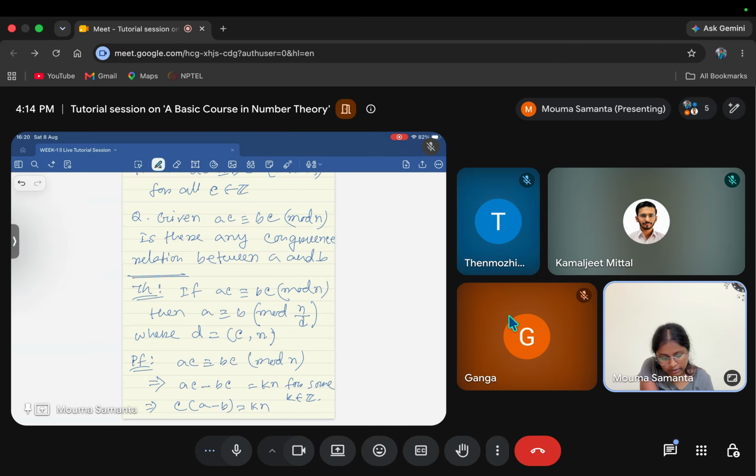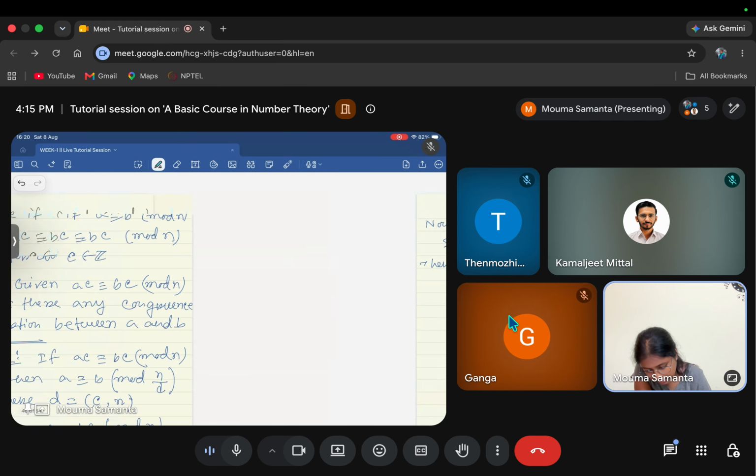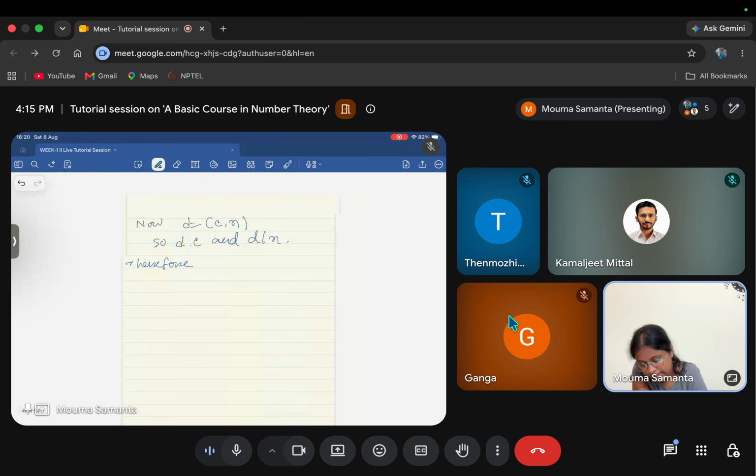Now d equals GCD of c comma n, so d divides c and d divides n, therefore from this relation, c by d times (a minus b) equals n by d times k.